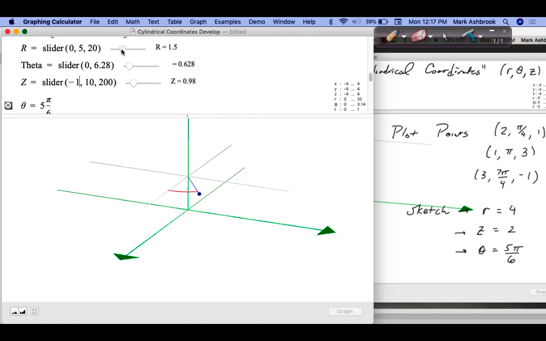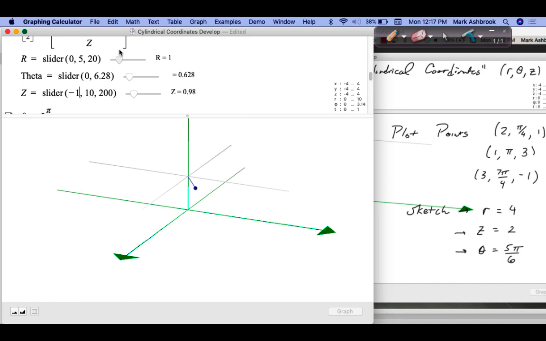Okay, (1, pi, 3), where's that? Closer in. There's 1. Pi is where? Negative x-axis. Like that. And then z equals 3. Off the screen. That's something like (1, pi, 3) back there.